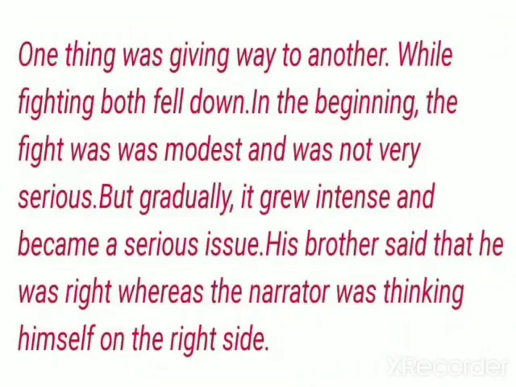One thing was giving way to another. While fighting, both fell out. In the beginning, the fight was modest and not very serious, but gradually it grew intense and became a serious issue. His brother said he was right, whereas the narrator was thinking himself on the right side.